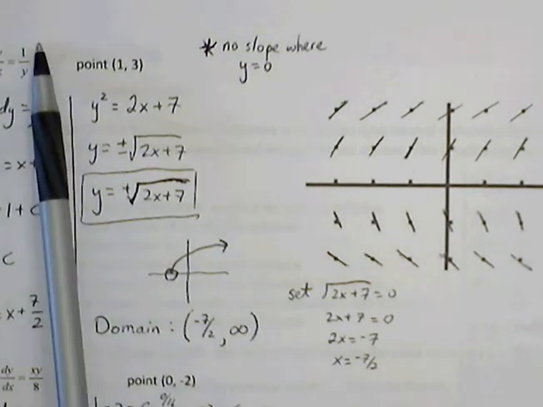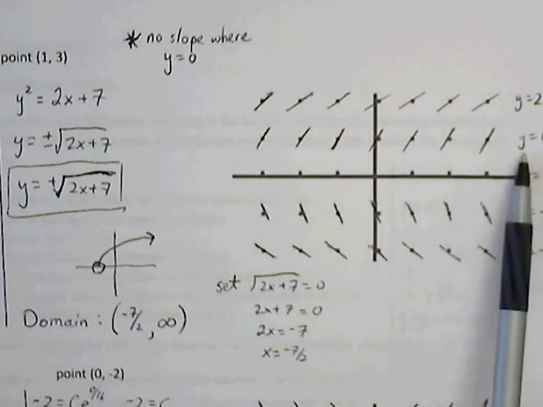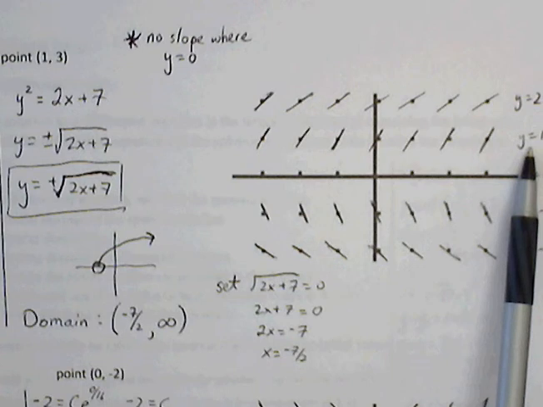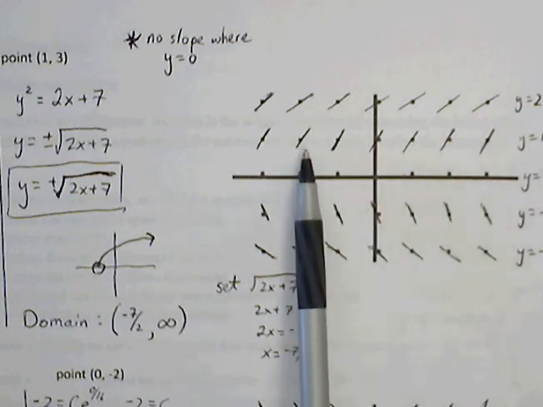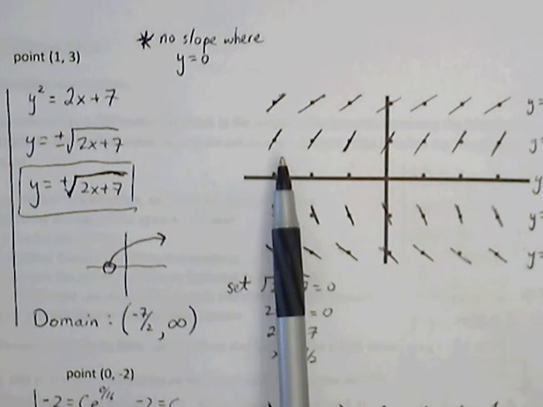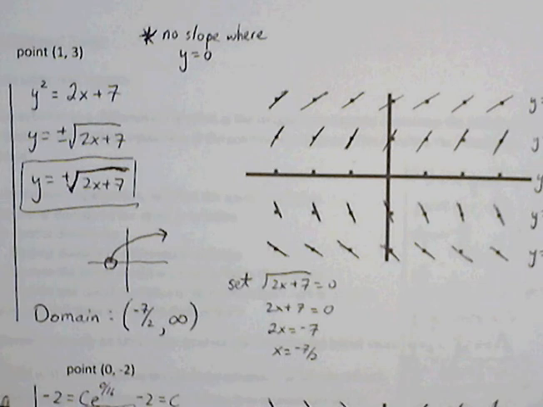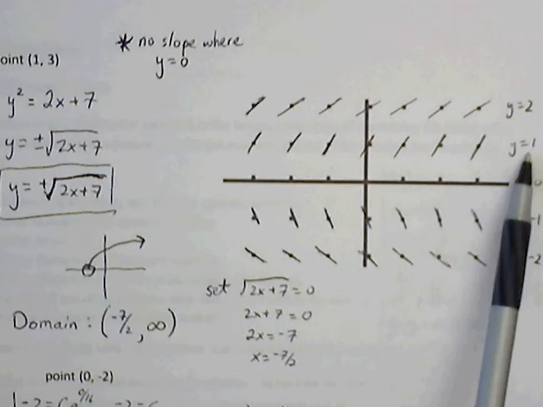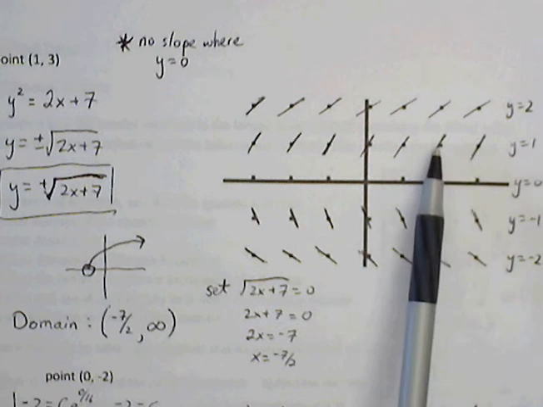Okay. And if we plug in a y value of 1, then all these ordered pairs have y values of 1. This differential equation is not going to be looking at the x values at all. So if y is equal to 1, then 1 over 1 is simply 1. So we just draw these short line segments to represent a slope of 1.